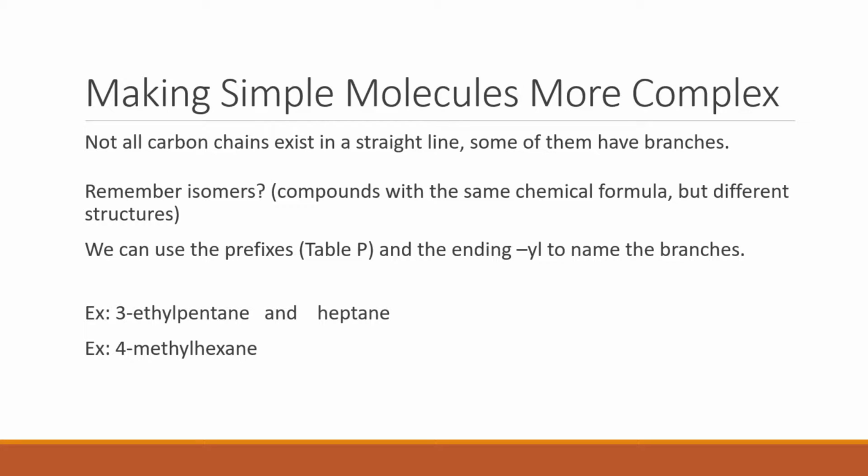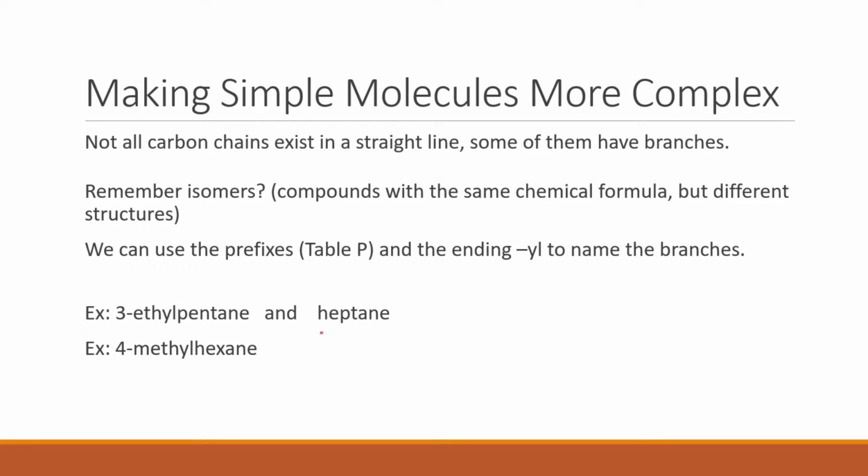The last lesson we had, we looked at simple carbon chains using tables P and Q to tell what the number of carbons was and how many bonds there would be in it, right? Would there be any single bonds, double bonds, triple bonds?